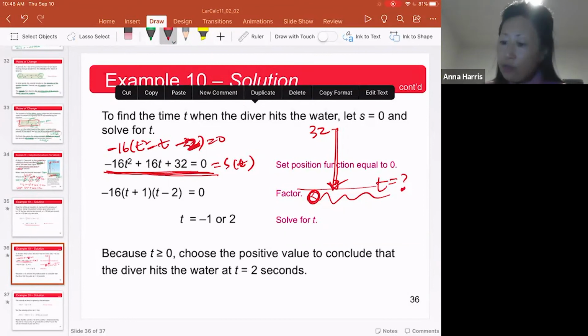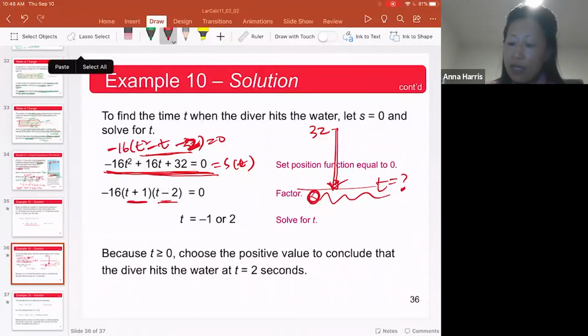All right, and then you're going to factor this, which gives me t plus 1 and t minus 2. Negative 16 can never be 0, so if you just divide by negative 16, you don't have anything, then you have t plus 1 and t minus 2 equal to 0.